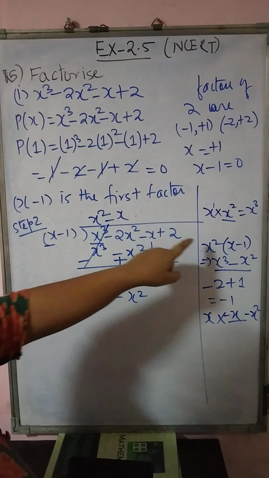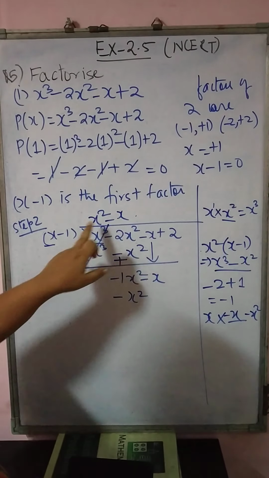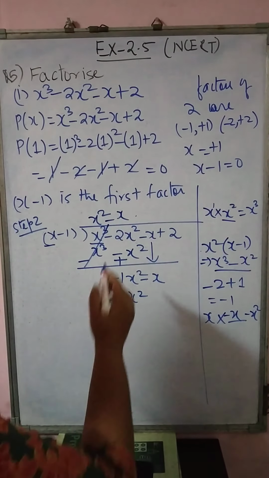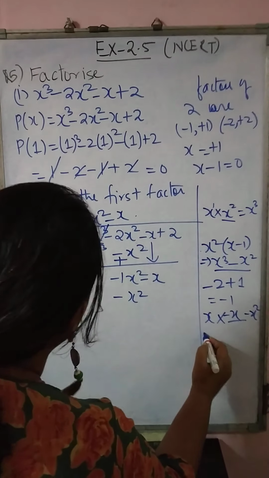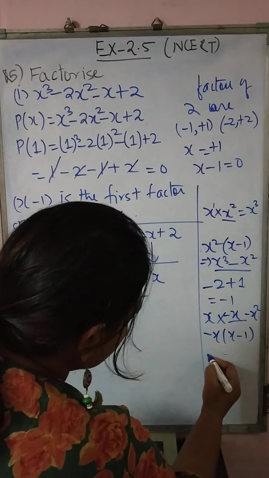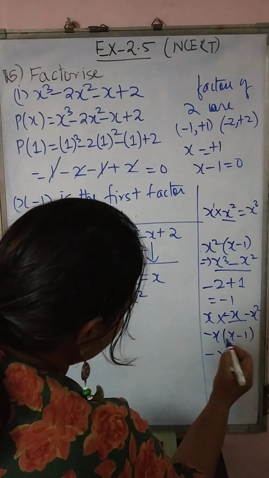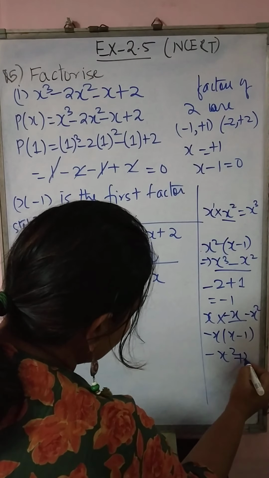As I said before, whatever terms we are writing in the quotient should be multiplied by both the terms of the divisor. So minus x into x is minus x square, and minus x into minus 1 is plus, minus into minus is plus, so plus x.